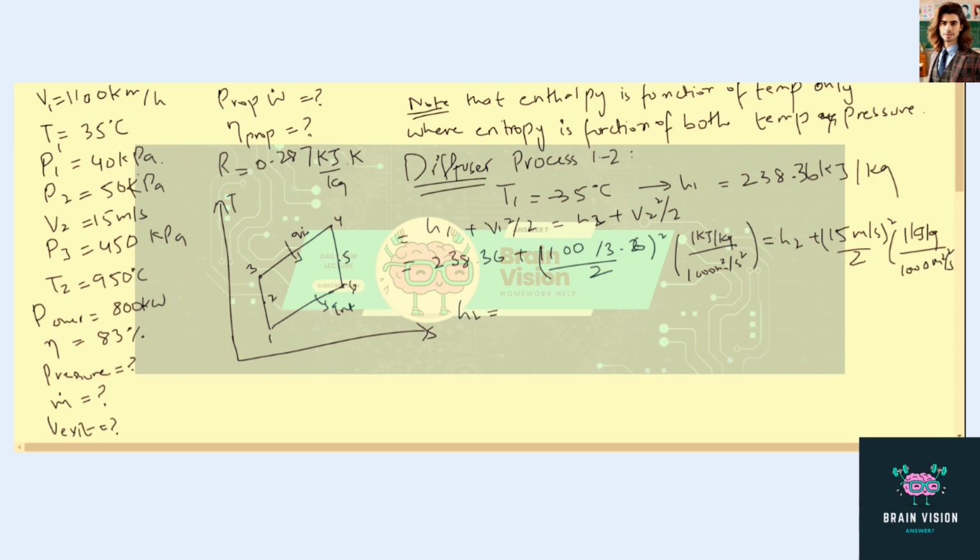So from here the value of H2 will be 284.93 kilojoule per kg.